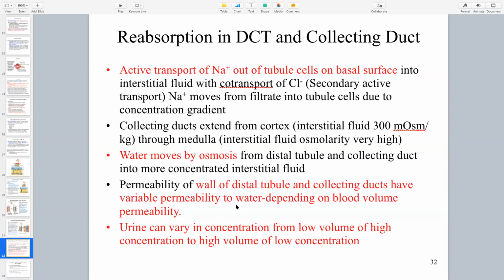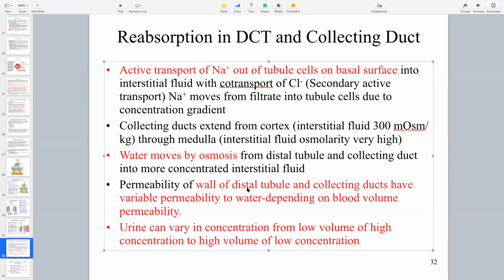The proximal convoluted tubule is always active, always reabsorbs 100% of your glucose, 100% of your amino acids, 65% of your total solutes and fluid. The descending limb and the ascending loop always reabsorb 15% of your fluid and a lot of your salt.